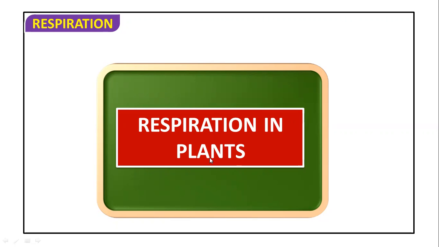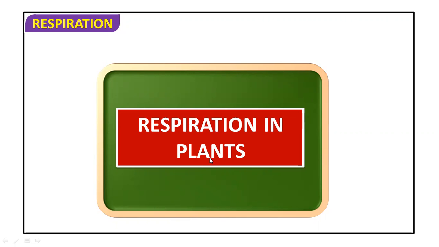Dear student, we are going to start today a new chapter of class 11, that is respiration in plants. As you know, the previous chapter in class 11, previous to respiration, is photosynthesis. And as we know, photosynthesis is the process where you study the fixation of CO2 and the synthesis of glucose.